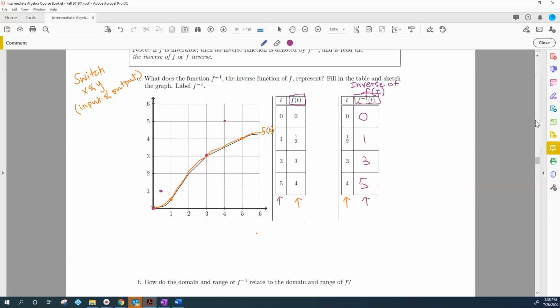Okay, and so when I try to connect these dots back together again, it's going to look something kind of like this. So it's going to go up, and then, oopsie.